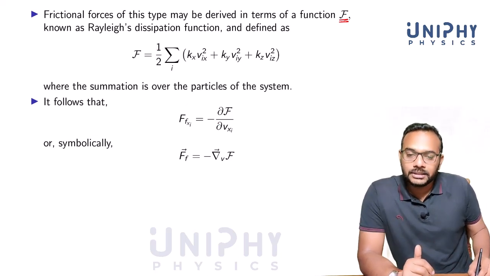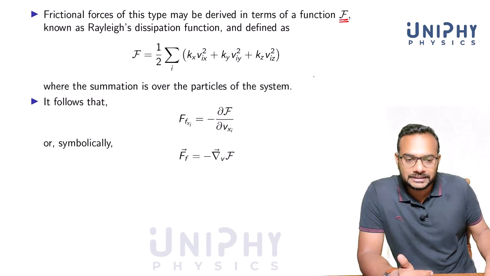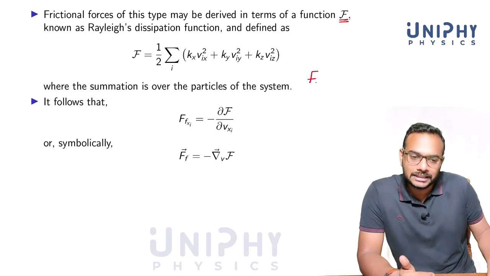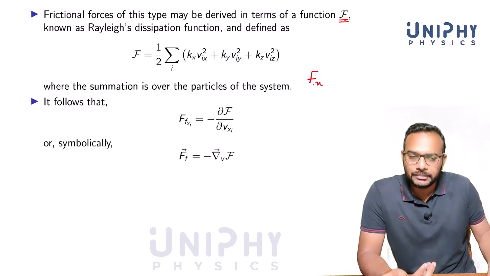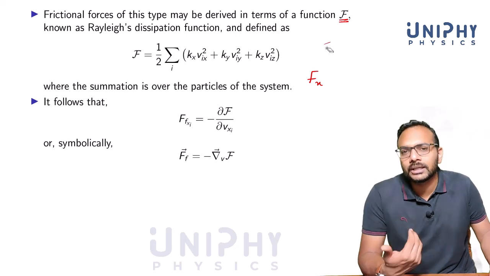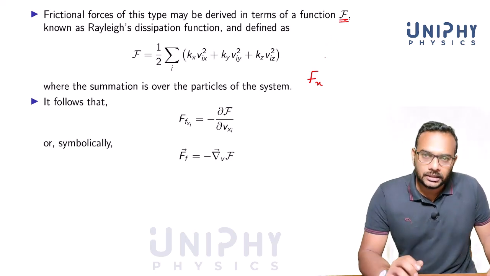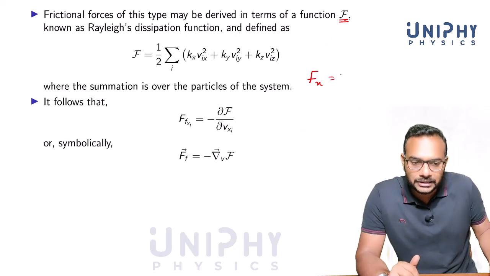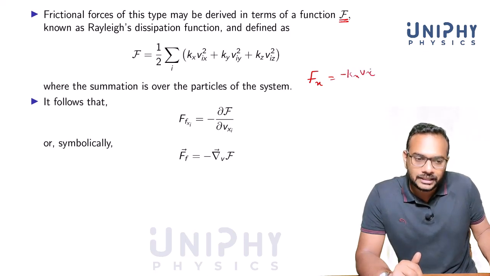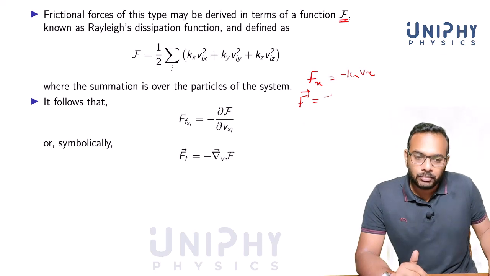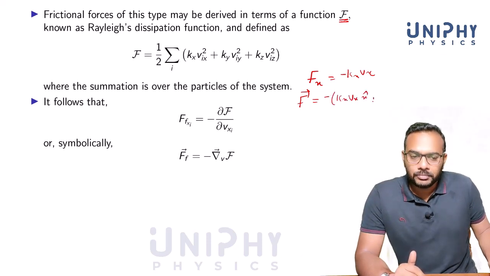Now it clearly follows that, since we said the x component of the frictional force, I am dropping the subscript f since we are talking explicitly about frictional forces, is equal to minus kx Vx, or generally the frictional force vector is given as minus kx Vx x cap plus ky Vy y cap plus kz Vz z cap.